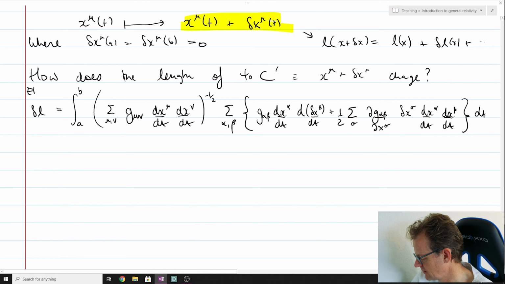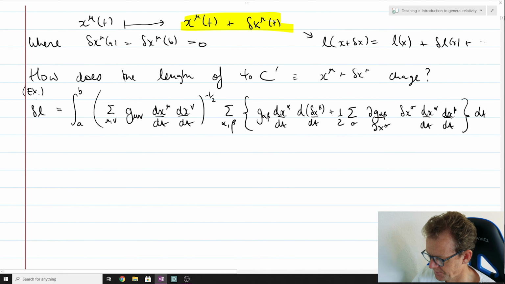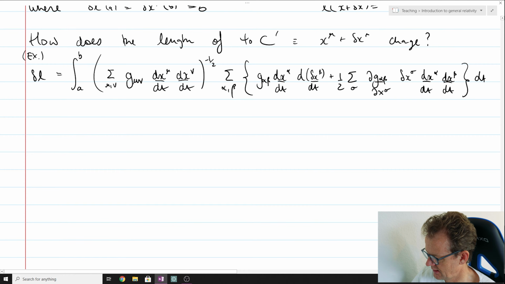I'm not going to, because I'm a big believer that you should exercise yourself with these little calculations. Therefore I'll leave this as an exercise. So this is how the length responds to a tiny variation of the geodesic.